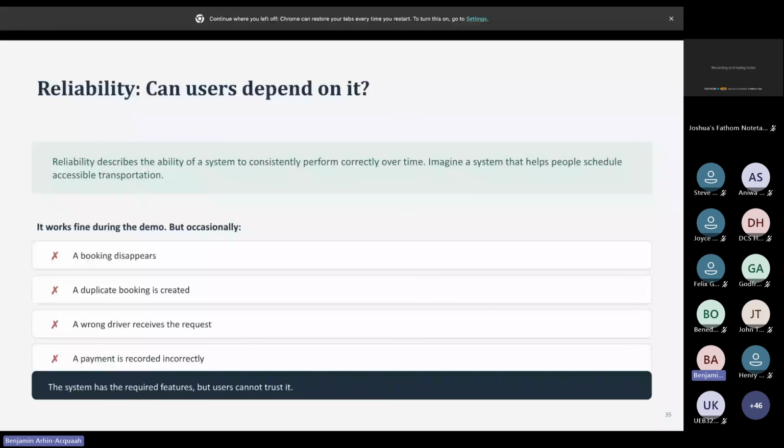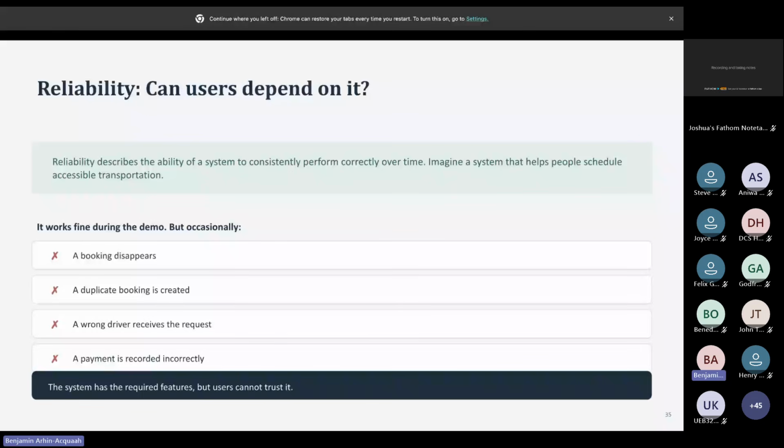In this case, the system has the required features. It does everything we want it to do, but users cannot trust it, because the behavior is inconsistent. It's not that it doesn't work. It may work, but there are too many inconsistencies, so people cannot fully trust it.